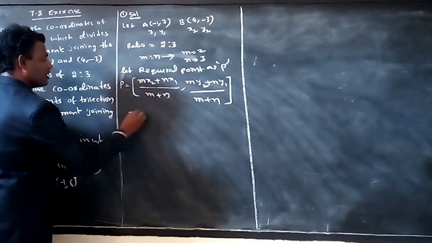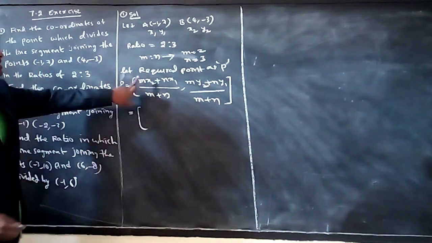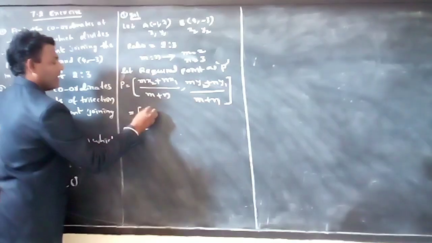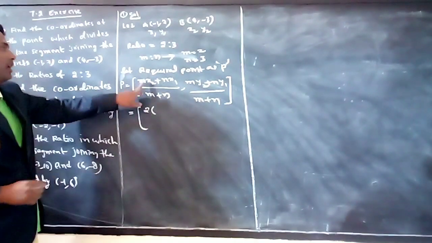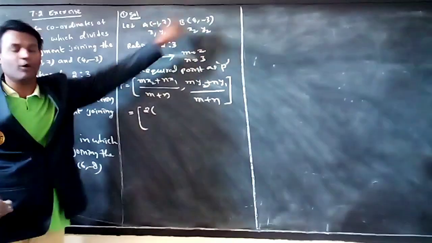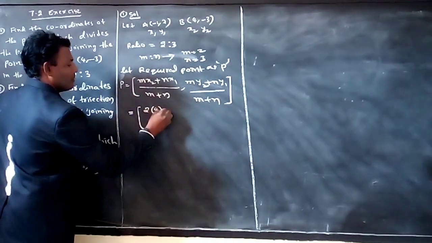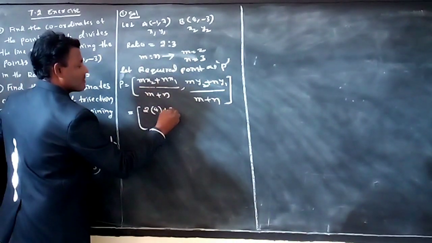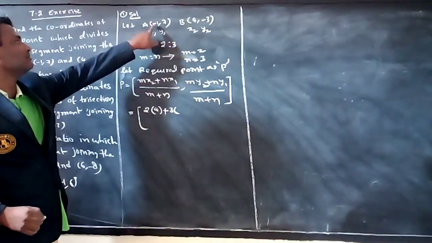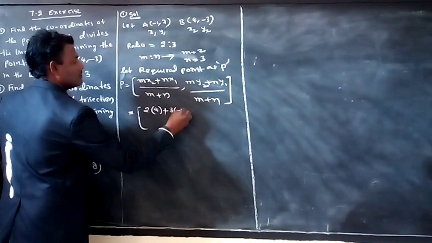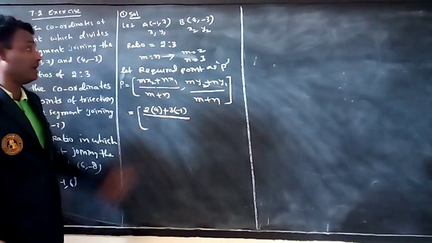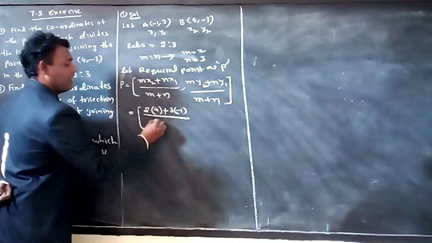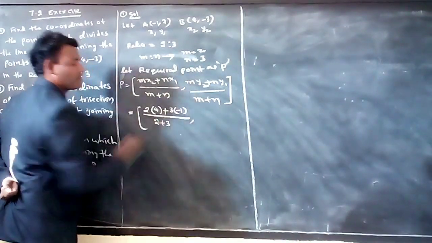Now I am substituting values in this. What is the value of m? m is equal to 2. So in the place of m I am writing 2. Similarly, what is x2? Nothing but 4. Plus, what is n? 3. And what about x1? -1, by m plus n. m means 2 and n means 3. m plus n we can write as 2 plus 3.